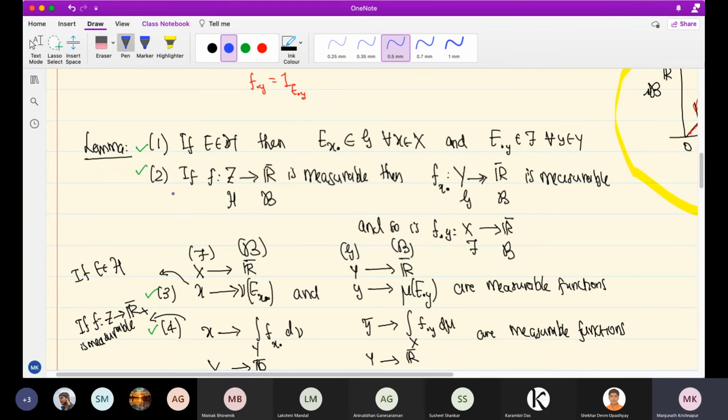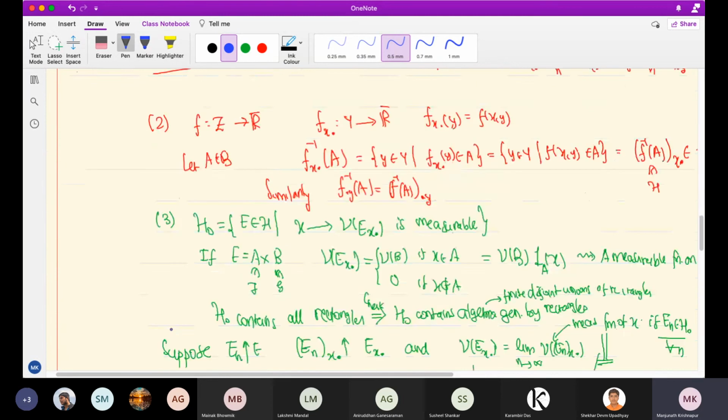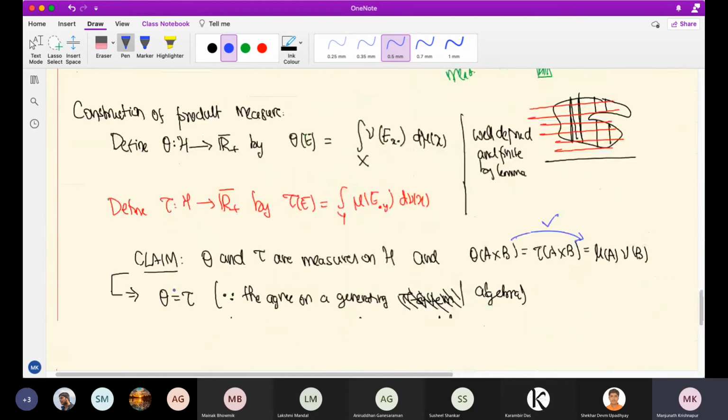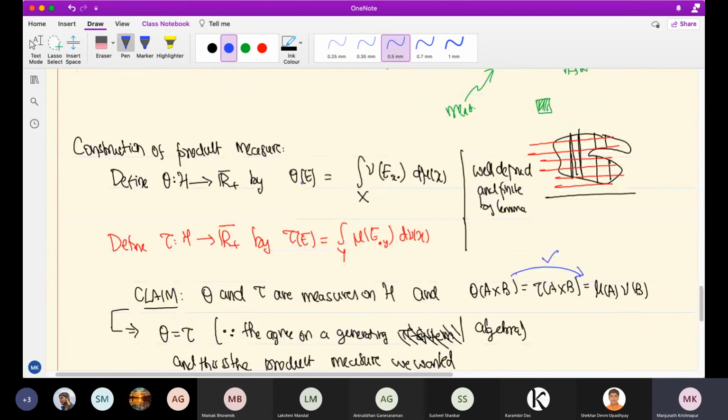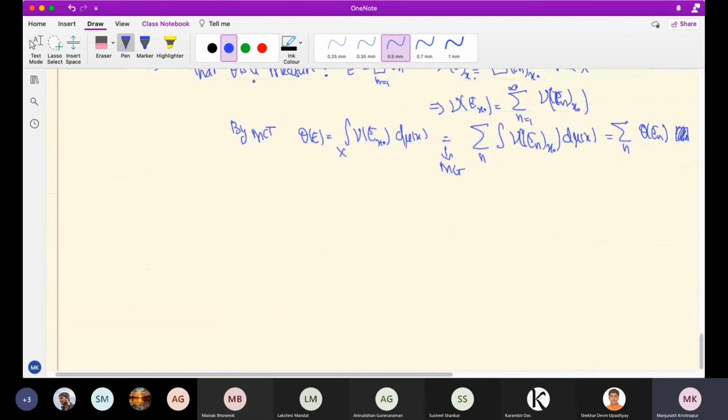Similarly, the idea that we can find the product measure of a set by making sections and then calculating measures of sections and integrating with respect to the other one, either vertical or horizontal sections. What is the analogous statement for functions? That is called Fubini's theorem. Okay, so that is the last thing that I will say.